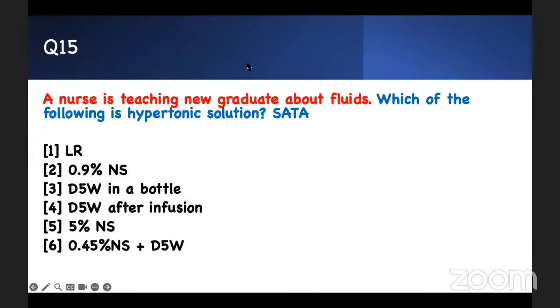Same thing, we're back to the fluid so that I can see what you guys know. And then she's teaching new graduates about fluid. Which of the following is hypertonic? Meaning greater than 1%.